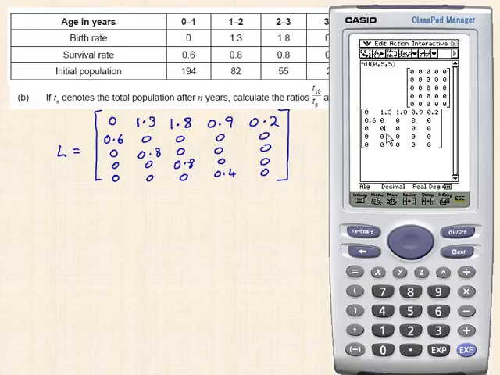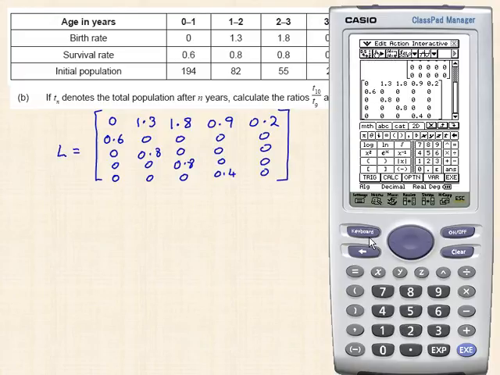This one here is 0.8. This one here 0.8, and finally here 0.4. And what we're going to do is save that in a matrix that we're going to call L.